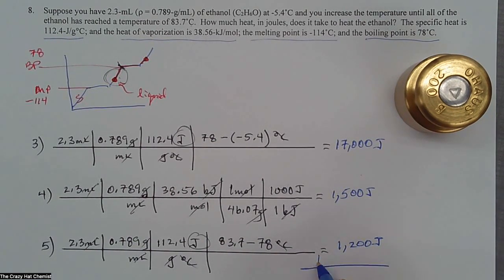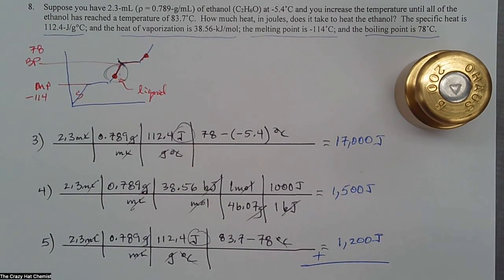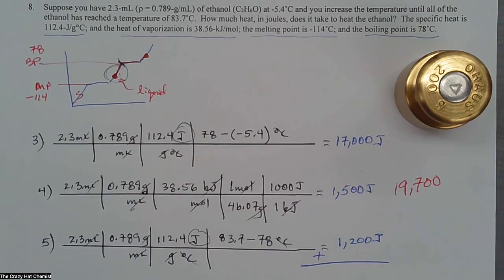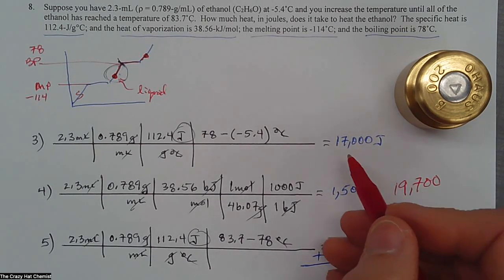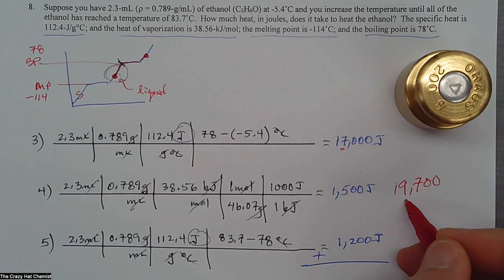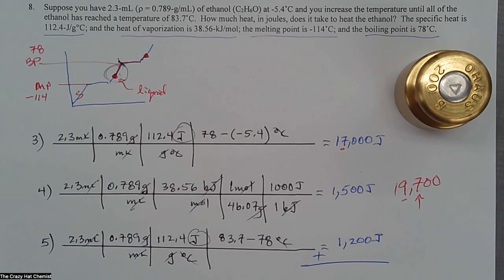And what we're going to do is add all of these up. And that number is going to be 19,700. But what we do need to do is have this to the thousands column. So I'm rounding with that 7 right there. So that's what we get when we add all these up.